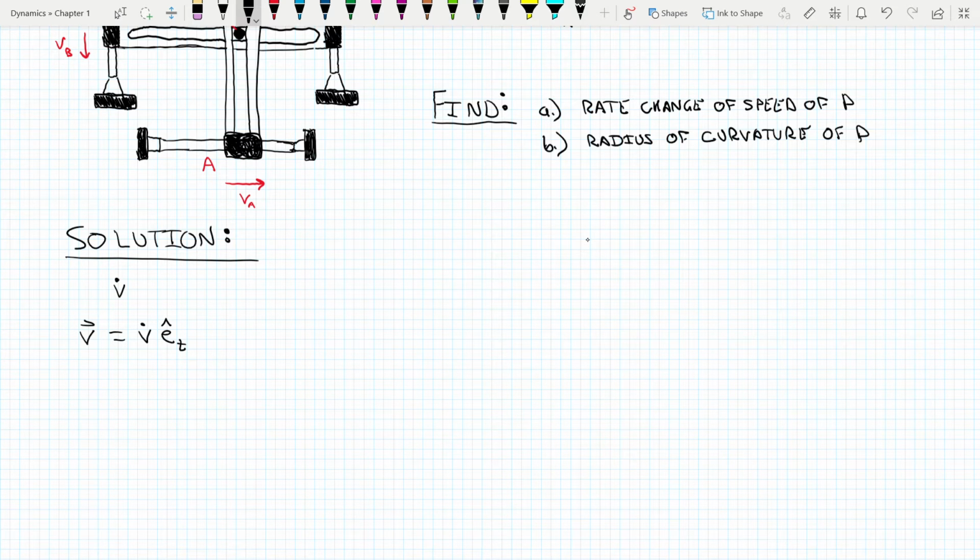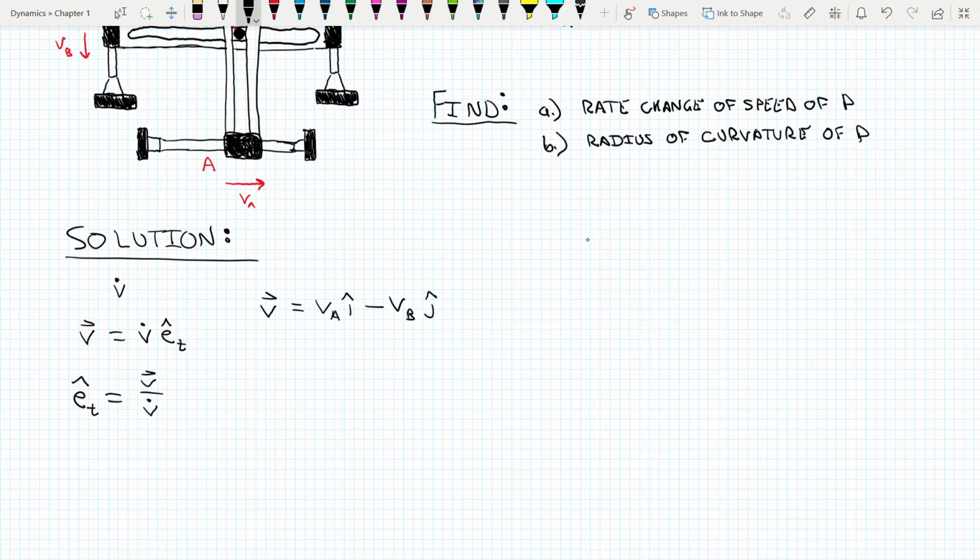Can rearrange this for E sub T hat is equal to the vector V divided by the speed V. We need to start with our givens, so we use the Cartesian vector equation, VA I hat minus VB J hat, because VB is negative in the J direction.